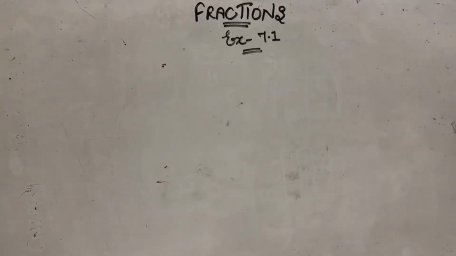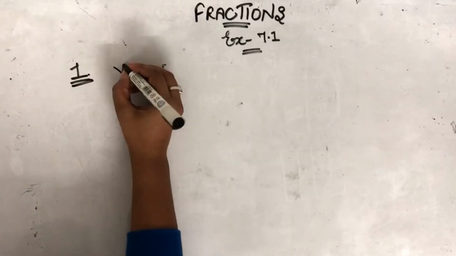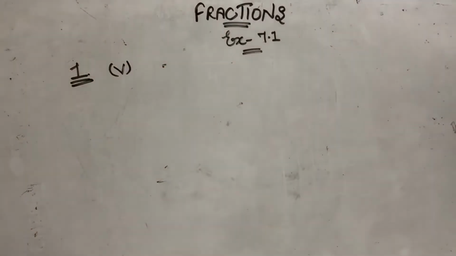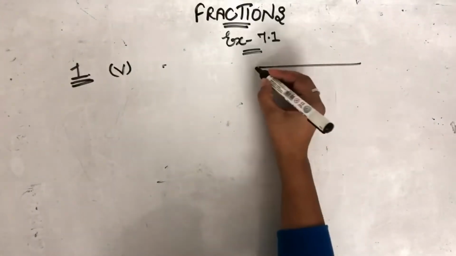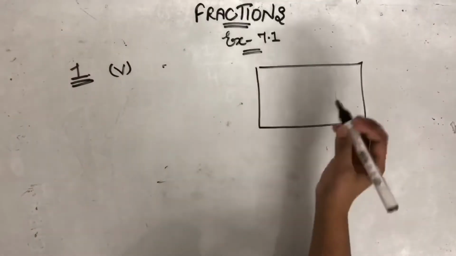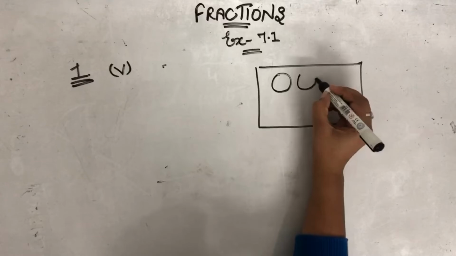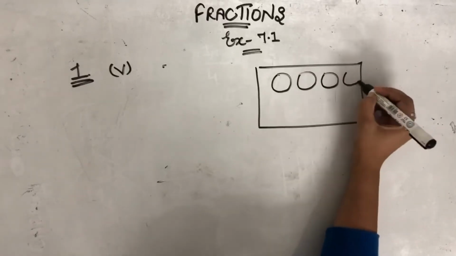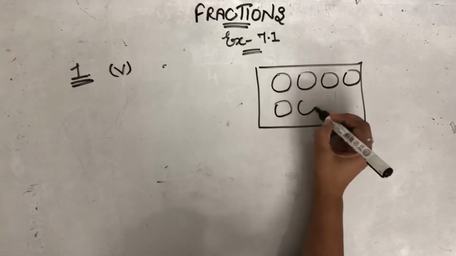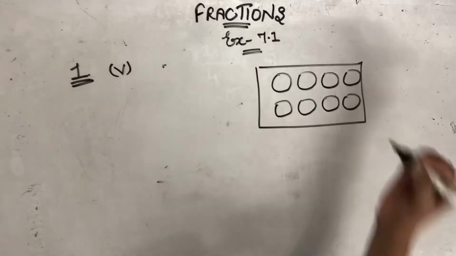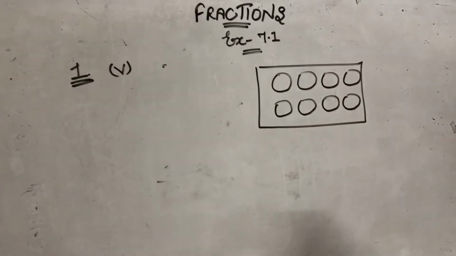Exercise 7.1, first question. I'll be doing only one part, the rest of the parts you will do yourself. In fifth part, this is the figure. And how many balls are shaded?